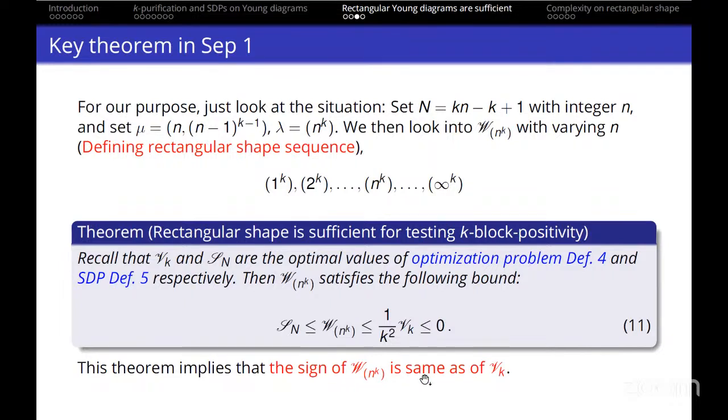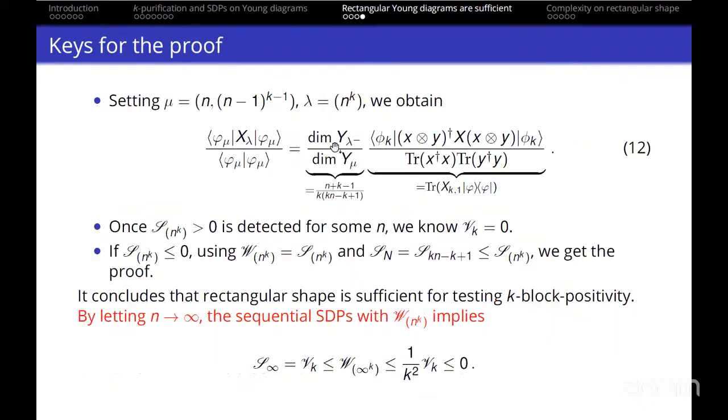So we can use this way to test K-block positivity without any bias. The bias may happen if you forget this setting, and this ratio can asymptotically vanish as n increases, or the larger n increases.